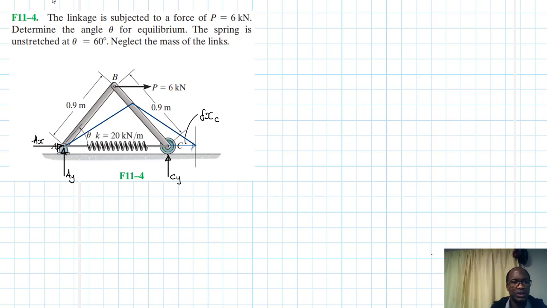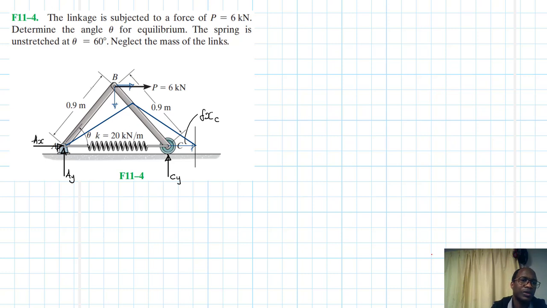So we're going to expect some movements at B in this direction like this, as well as in this direction like this. I'll put it on top like so.